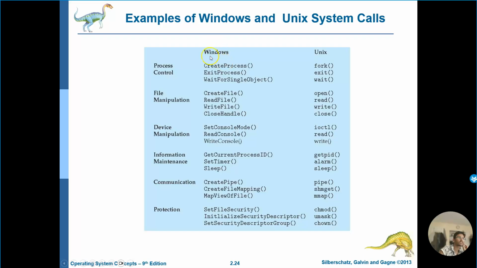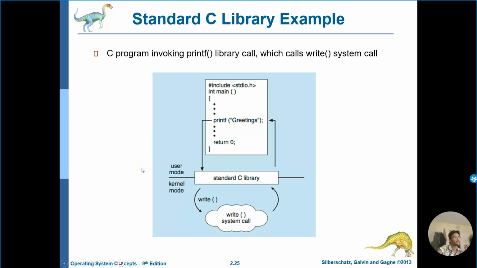For creating a process, Windows has CreateProcess and ExitProcess, whereas Unix has fork, exit, and wait, and it has calls for each of these different services, such as protection, as we talked about. Now a standard C library example: if you invoke the printf library call, it calls the write system call.